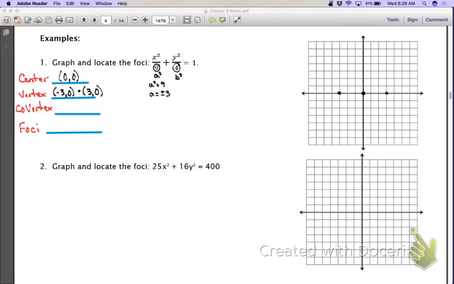I'm going to do the same thing with b, but now b squared equals 4, so b is equal to 2. Remember, b goes with, in this case, my y value. Now, it's not just positive 2, but it should be plus or minus 2.